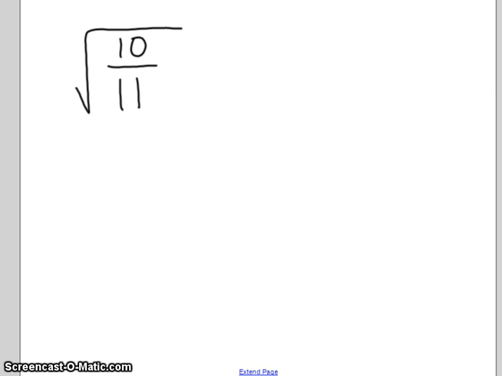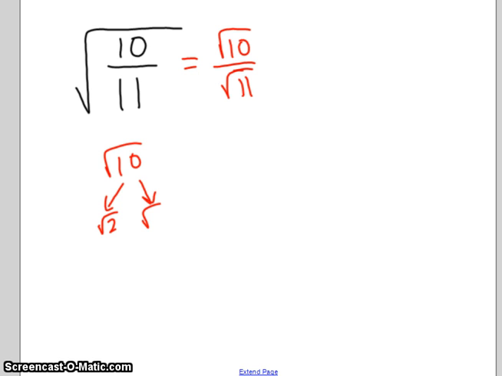Let's try another one. Square root of 10 over square root of 11. Can't simplify either of them. Square root of 10 we just learned is square root of 2 times the square root of 5, and you can't simplify that. So what we're going to have to do is multiply both sides by the square root of 11.